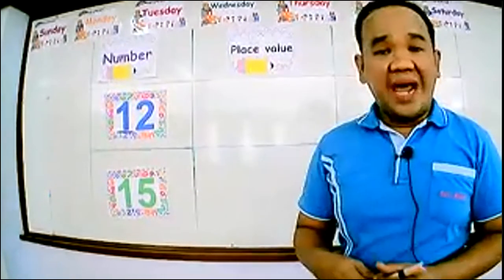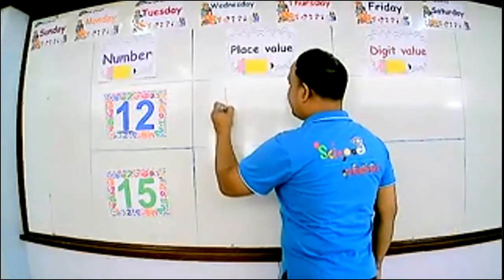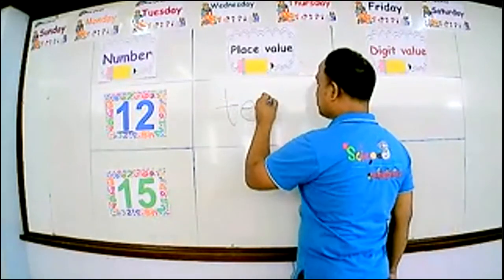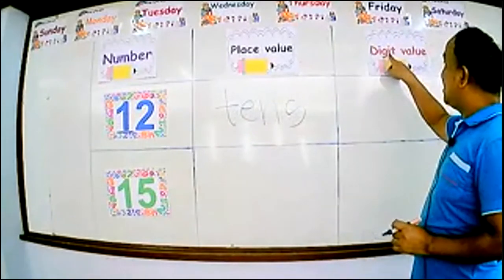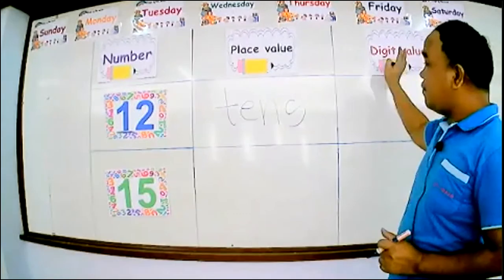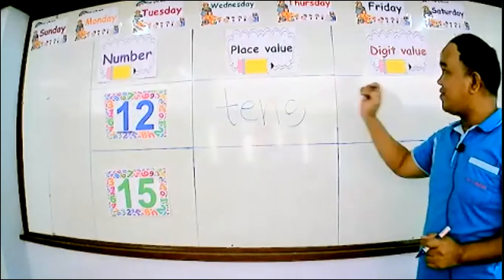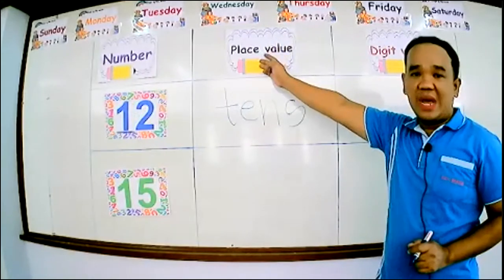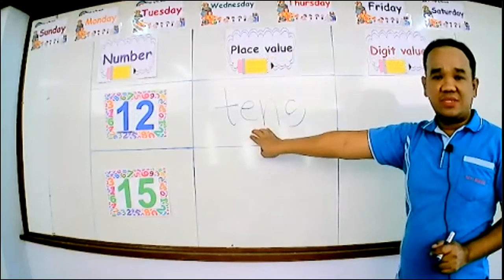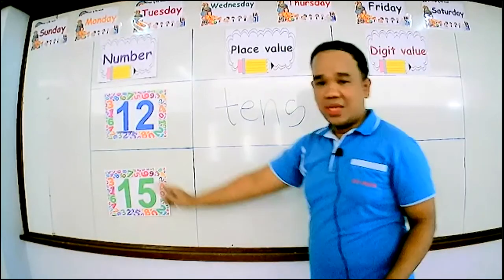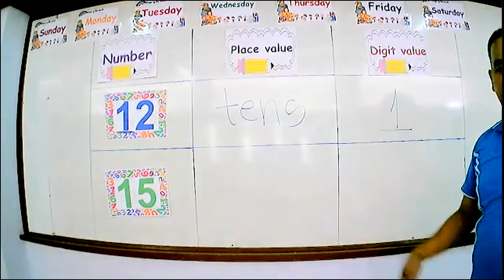The place value of number 1 is tens. So what is the digit value of tens? That is number 1. That's very easy.